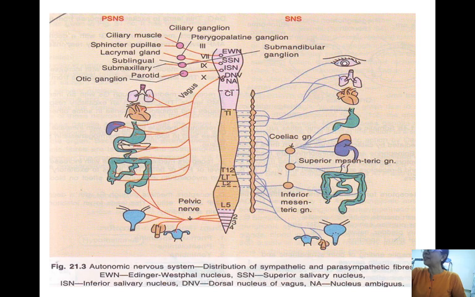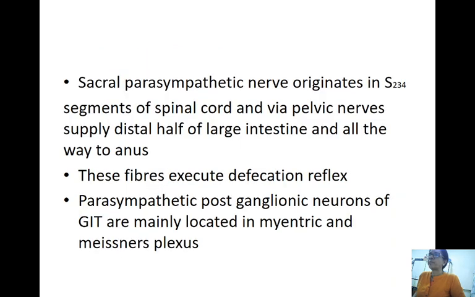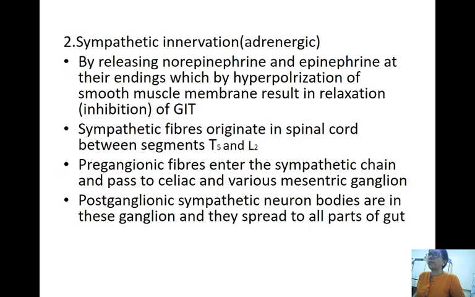Postganglionic fibers are in these ganglia and they are supplying the gut. Postganglionic sympathetic neuron bodies are in these ganglia and they spread to all parts of the gut.